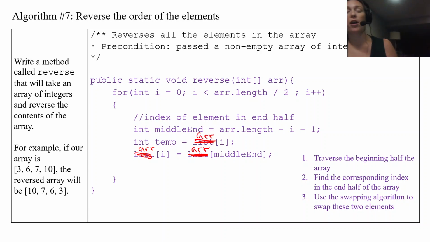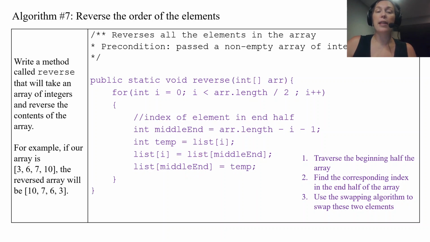Those should be arr for all of them because I passed arr right here, so I have to have it be the same name. So I have my first element in my temp, and then I replace that first element with my middle end variable, wherever that location is. And then the last piece, and yes, I am going to change this every time. This is annoying the heck out of me. Arr. There we go.